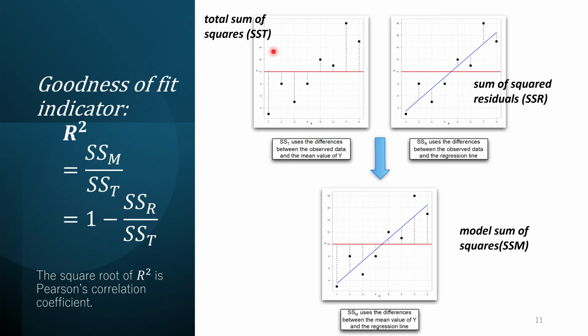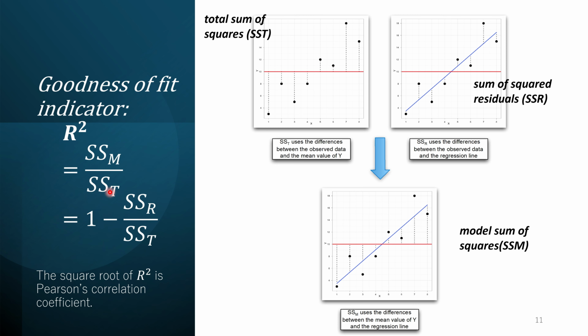Compared with the mean is SST, compared with the fitted line is SSR, and this is the model sum of squares: how much better the fitted line is compared with just taking the mean.